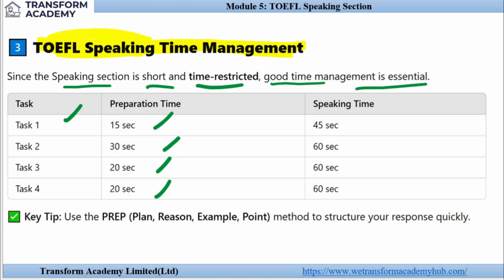Now the speaking time for task 1 is 45 seconds, and for tasks 2, 3, and 4 it's 60, 60, and 60 seconds. You can use the PREP method, plan, reason, example, and point to structure your response quickly.